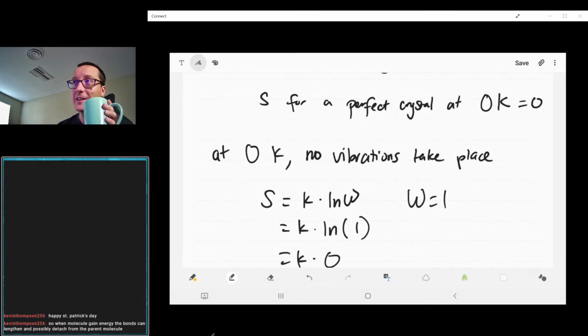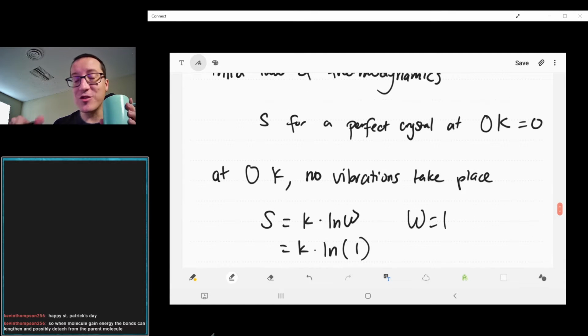So again, this isn't really necessarily important directly because we don't really have perfect crystals and we don't have 0 Kelvin, but we can use this as a baseline. If we have one state, we have 0 entropy, and from that we can mathematically calculate other entropy states for other things. So it's just kind of standardizing the 0. And then from that, we can see that we're going to get entropies for various things.